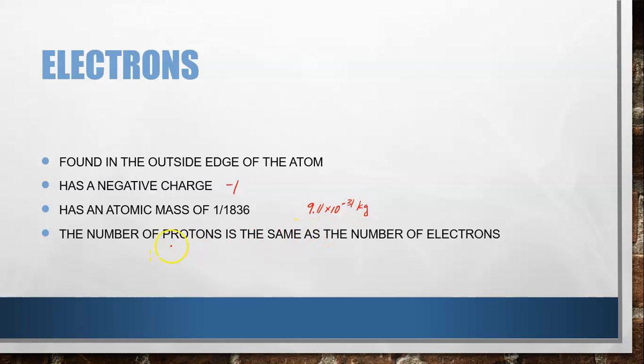And in an atom, the protons and electrons are going to be the same. So if, again, we take a look at our oxygen example, it had 8 protons. Therefore, it will also have 8 electrons in an uncharged atom.